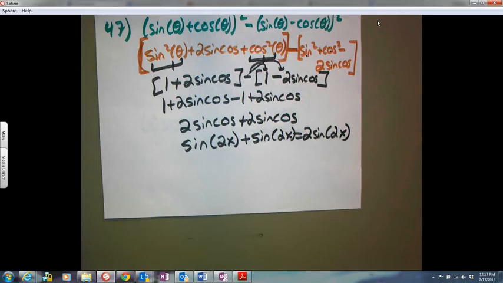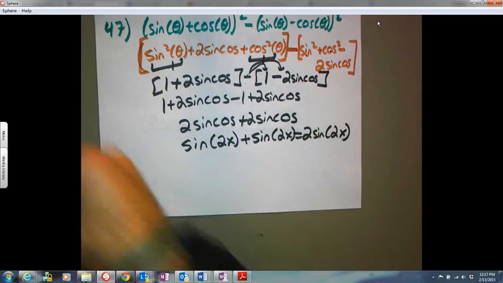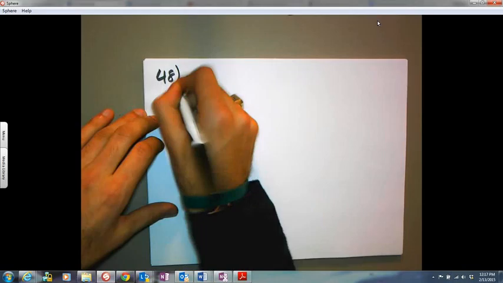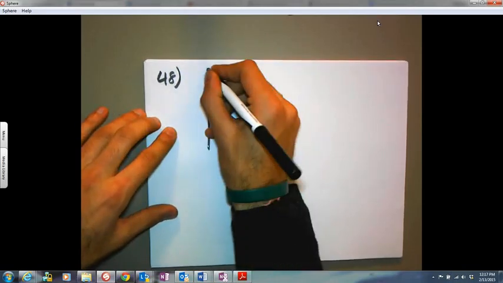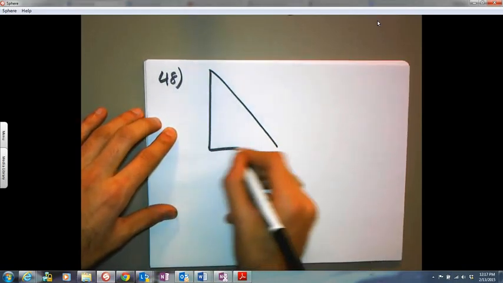Okay. Anything else you need to do on this packet? 48, okay. So on 48, here we are. We got a nice right triangle here, and we know that because of this.